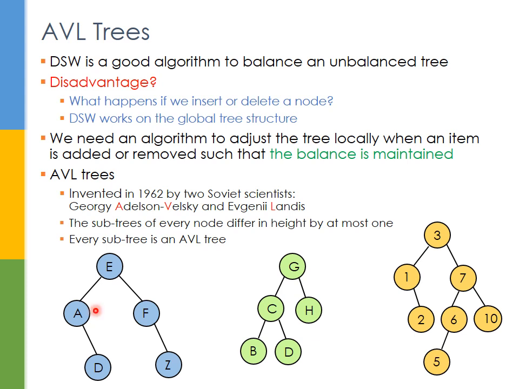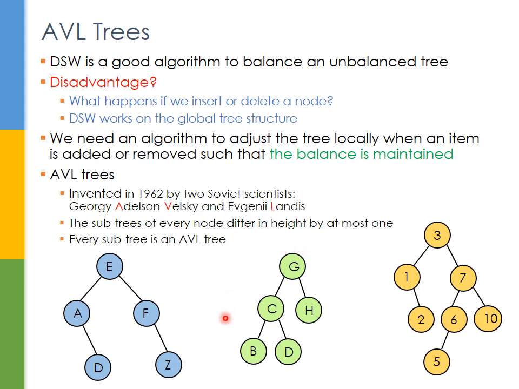We can also see that for both A and F, we have a height difference of 1, and this is because each of those nodes has a single right child and no left child, meaning that there's a difference in height of 1. So this will then be a valid AVL tree.